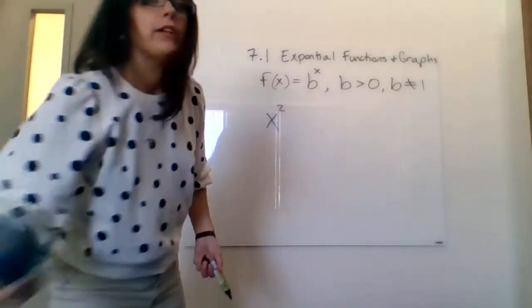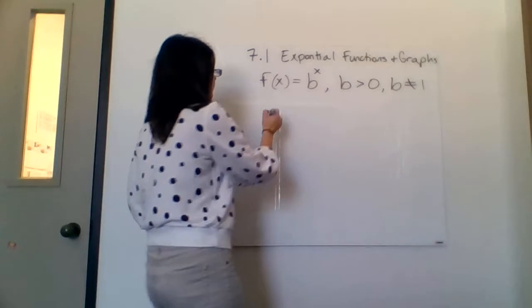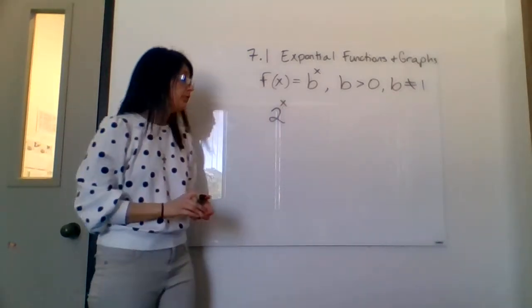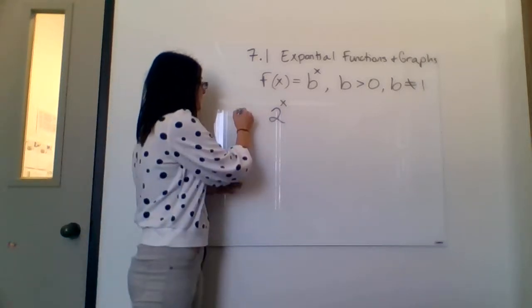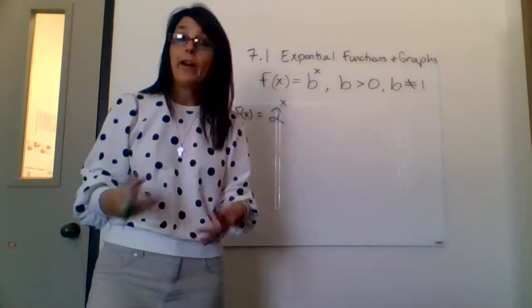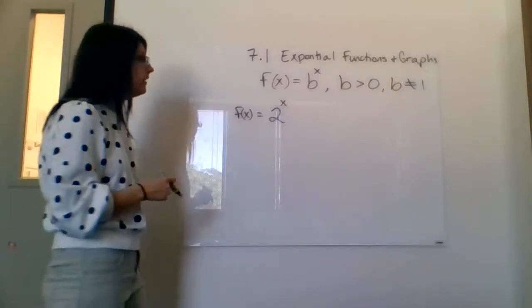With the exponential functions, it's the opposite. The base is now a number and the exponent is the variable. So an example of an exponential function would be f of x equals 2 to the power of x, or 1/2 to the power of x, or 17 to the power of x, something like that.